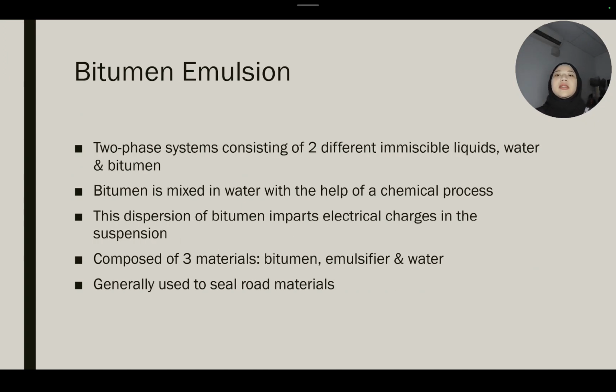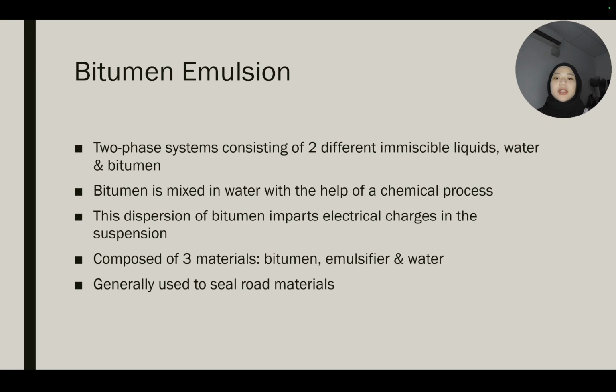Bitumen emulsion is a two-phase system consisting of two different immiscible liquids, water and bitumen. Bitumen is mixed in water with the help of a chemical process.